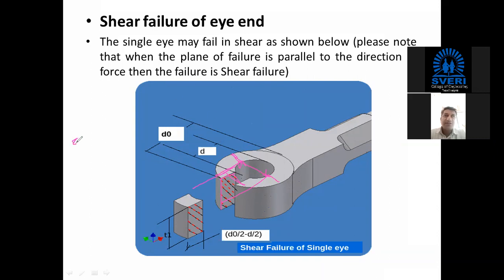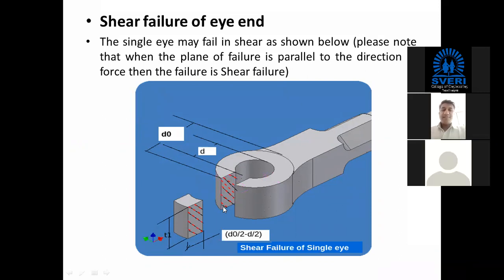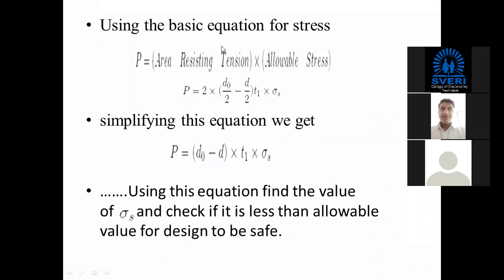So this shear stress will be given by P divided by area, that is T1 multiplied by DO minus d. Is it clear?